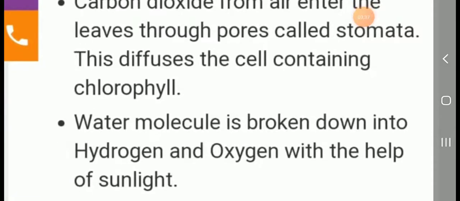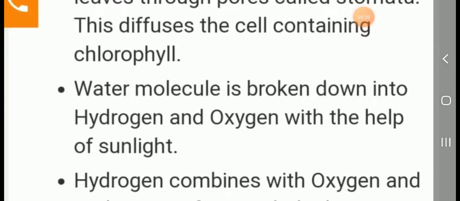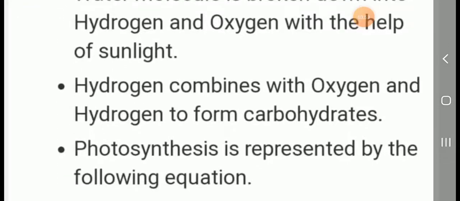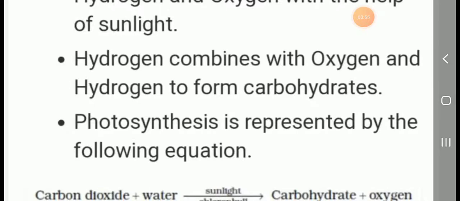This diffuses into the cells containing chlorophyll. The water molecule is broken down into hydrogen and oxygen with the help of sunlight. Hydrogen combines with carbon dioxide to form carbohydrates.